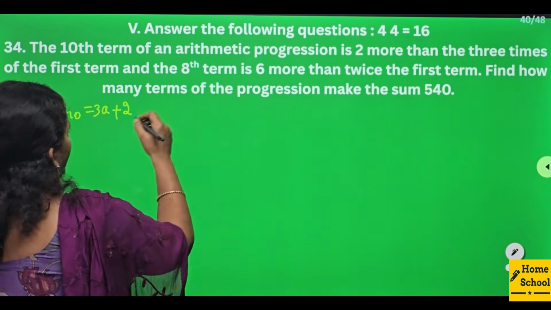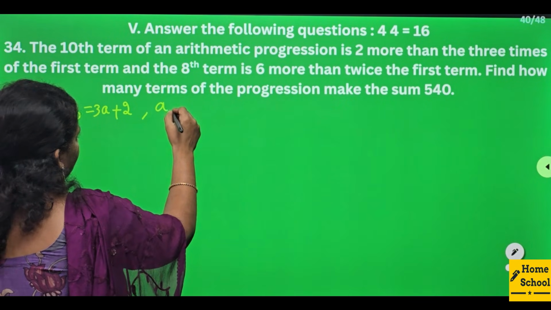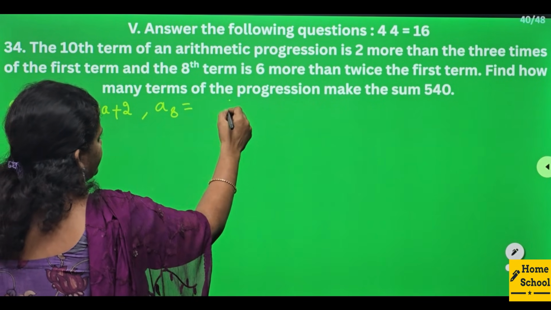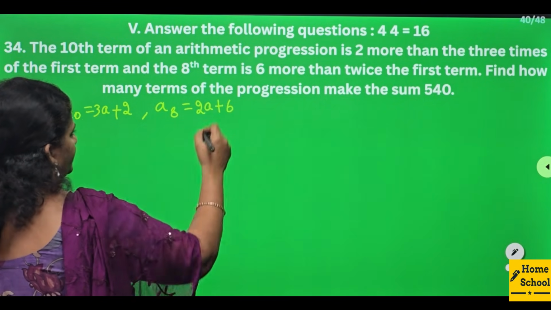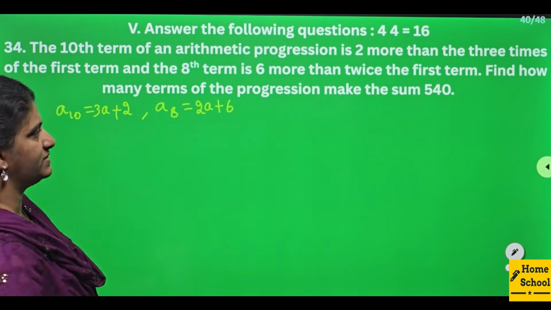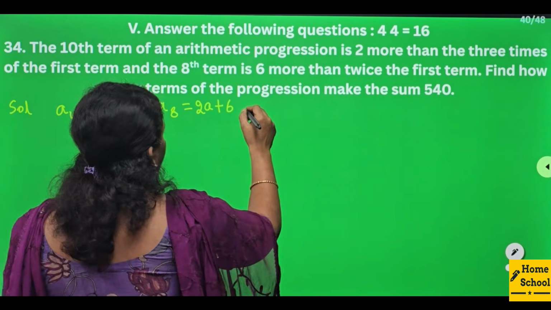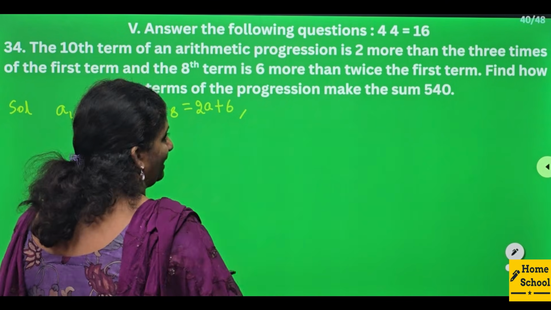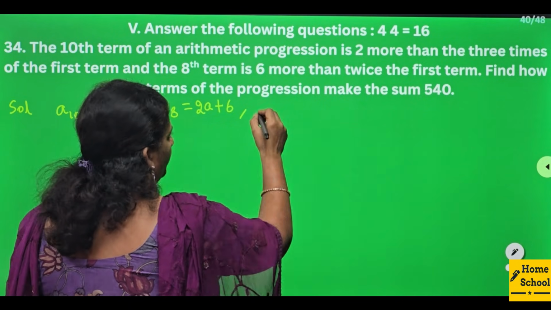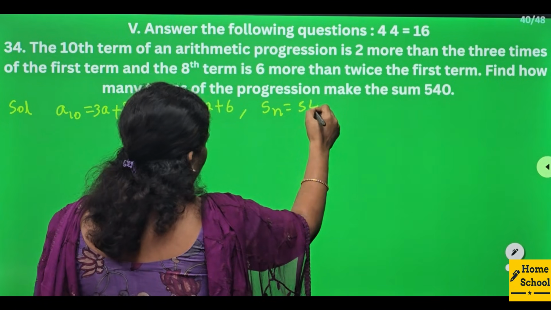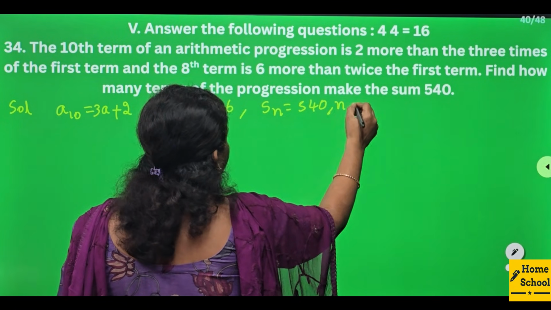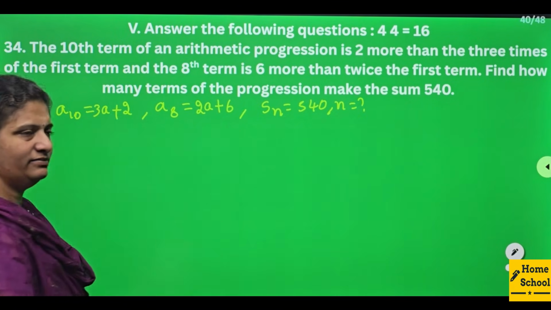Now, the 8th term is 6 more than twice the first term. Twice, 2 times. Find how many terms of the progression make the sum 540. How many terms? Sn is equal to 540, given. What is the n value is your question.